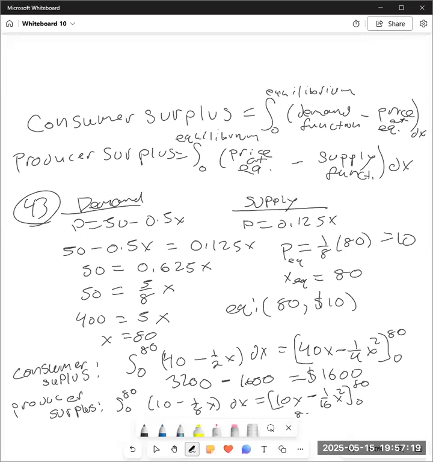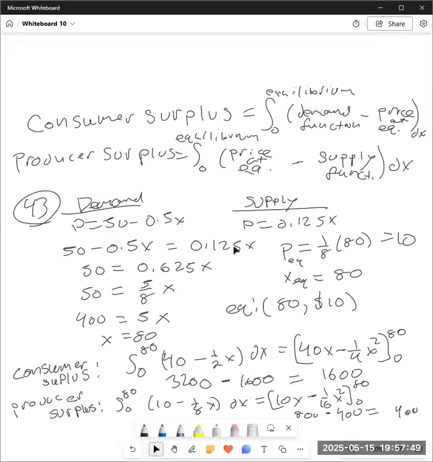That'll be 800 minus 5 times 80, which is 400. So that's 400. These are not in dollars, these are just numbers. So 1,600 for the consumer surplus, 400 for the producer surplus.